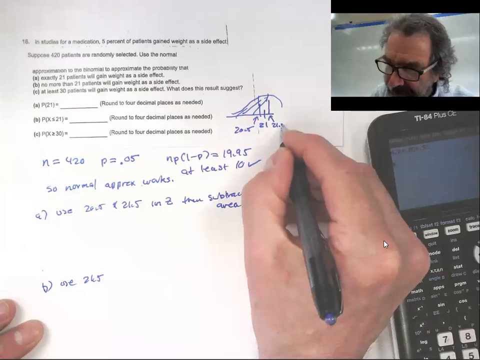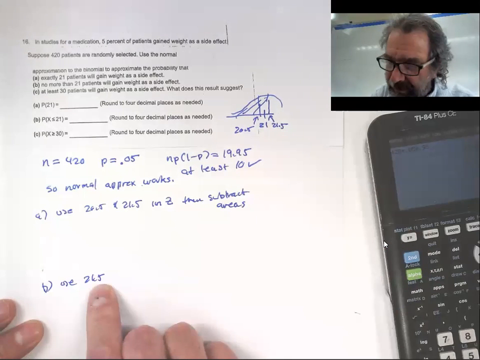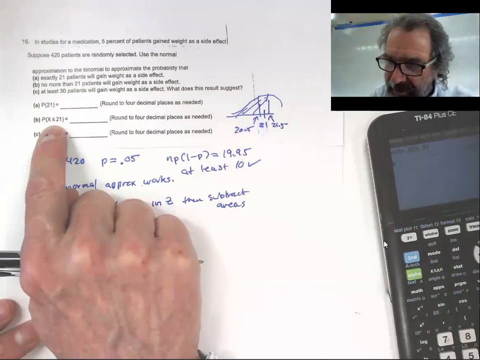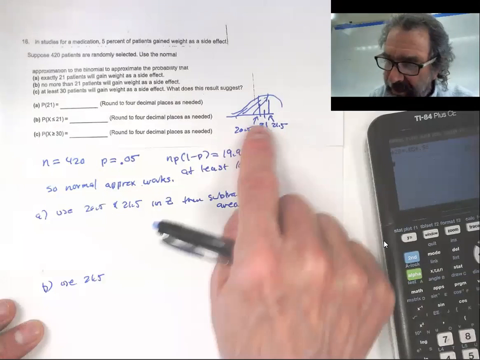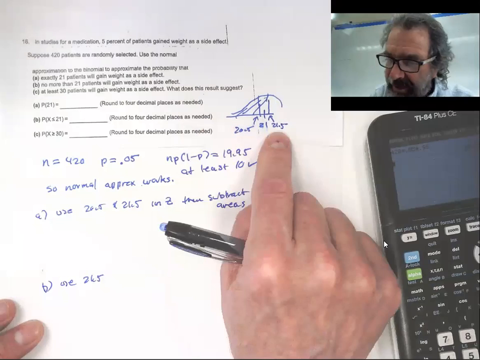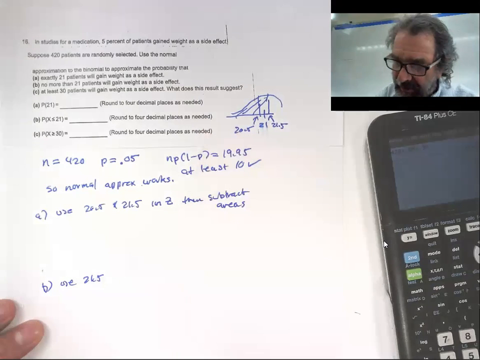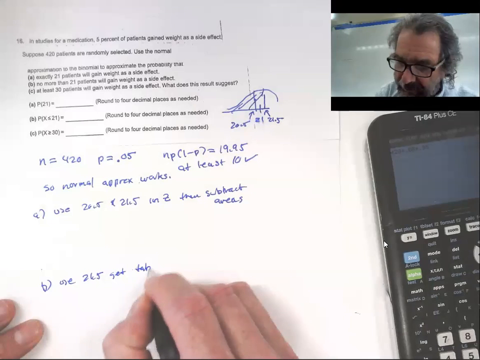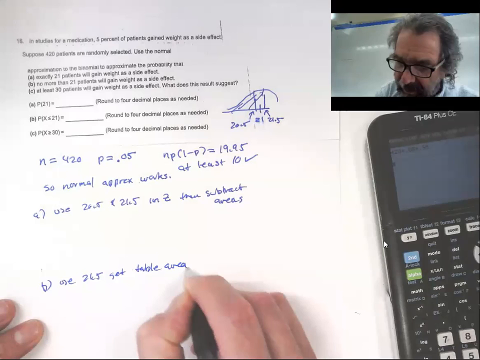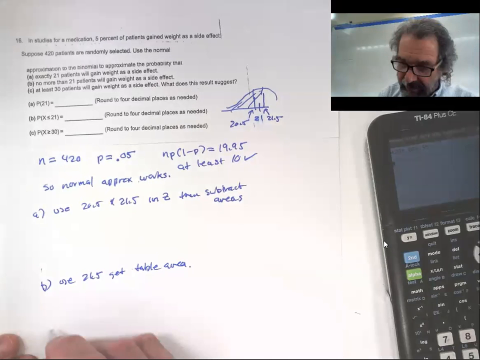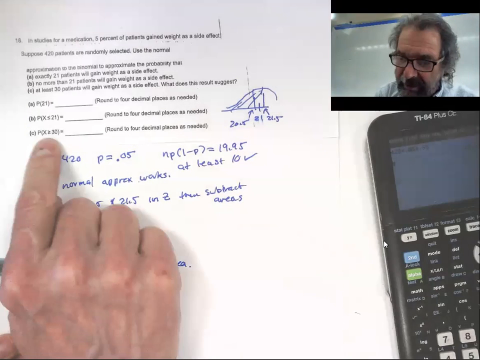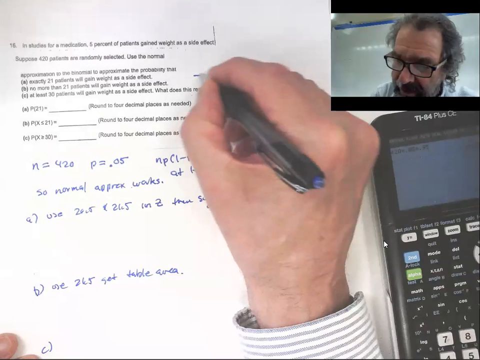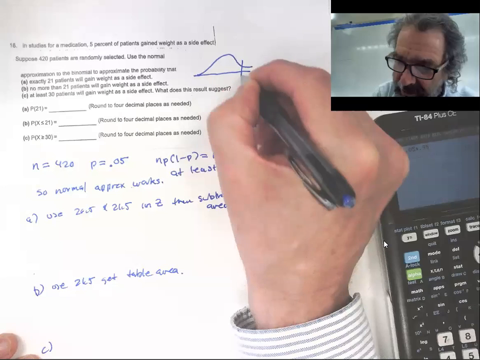For left of 21, I need to include it. We're including 21 because there's a less than or equal to sign there. So I need this bar and everything left. I'm going to start at 21.5 and shade left and get the table area. And then we're done. And for C, it says bigger than or equal to 30. Well, now 30 is playing the same kind of role as 21 was. 30 is here.